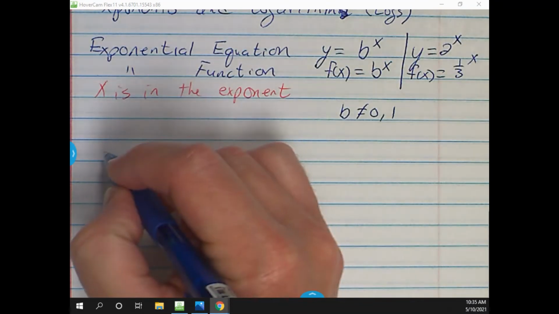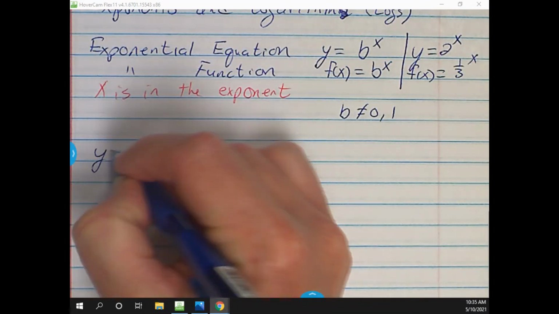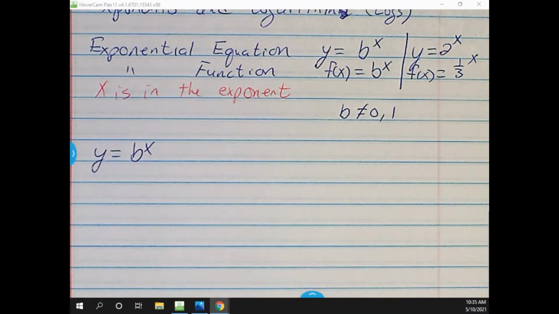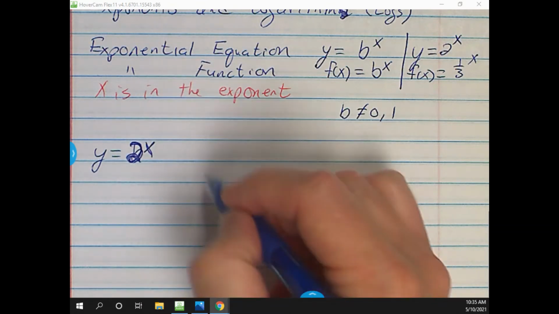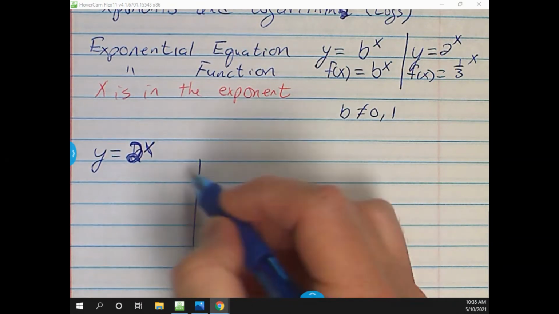So let's do this. We're going to do y equals 2 to the x power. And we're just going to make a chart over here so we can see what these numbers would be.